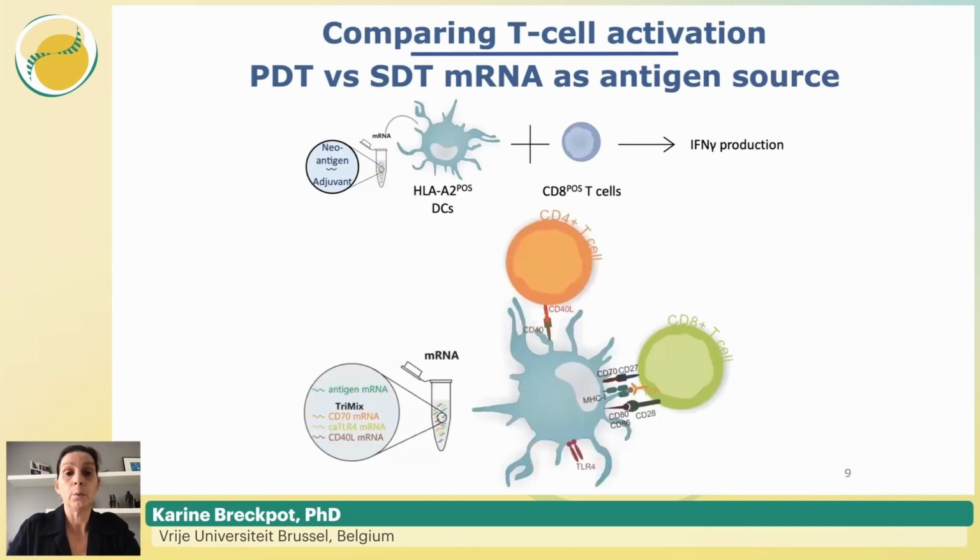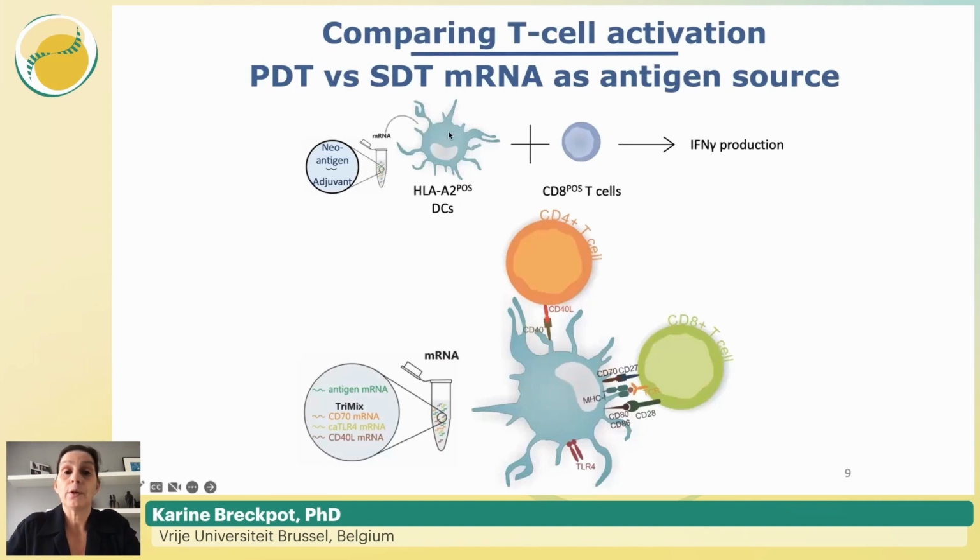For that, we had a little bit of a different system in the sense that we selected HLA-A2 presented neoantigens, at least predicted to be presented in HLA-A2, and we co-cultured these dendritic cells with CD8 positive T cells that do not yet have a T cell receptor.